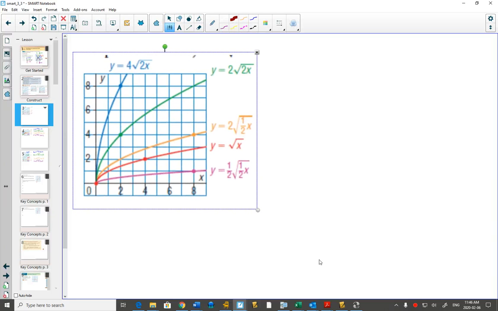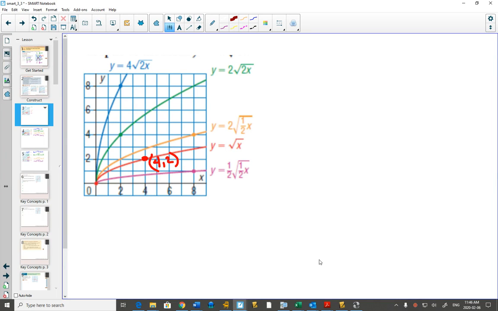So again, the point on the original graph is 4, 2. If we start with the blue graph, what happens to 4, 2? Well, we look. Can you see that there's a 4 on the outside and a 2 on the inside?